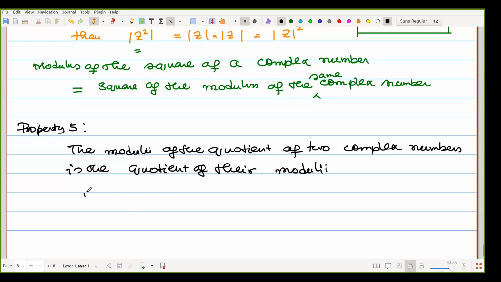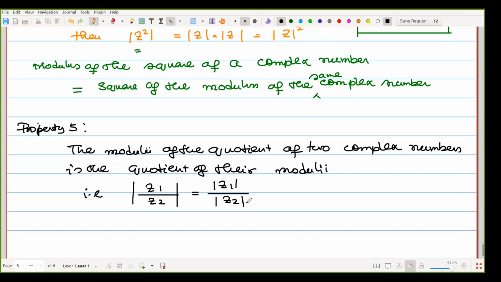That means modulus of z1 by z2 is equal to the modulus of z1 divided by the modulus of z2.